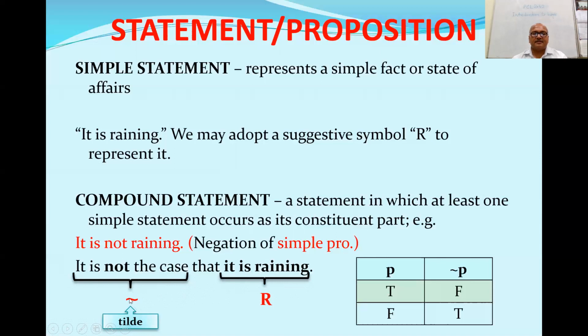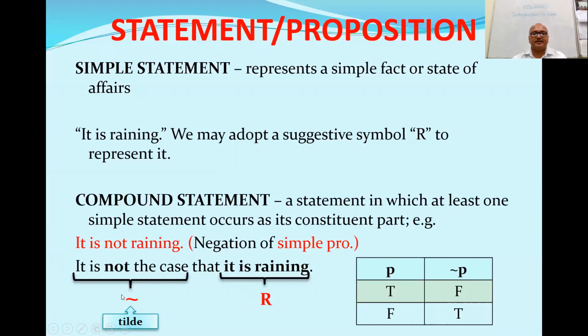This is the negation of the simple statement R. So when we are to symbolize that it is not raining, what are we going to write? We will write negation of R. So we will put a tilde before R. And that is the symbolic representation of a negative statement.